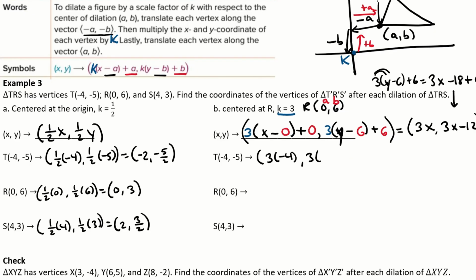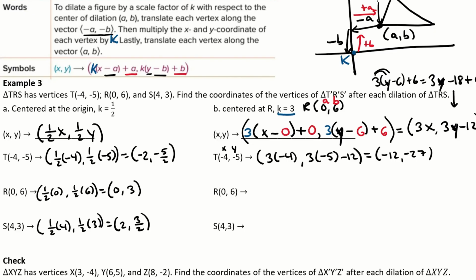So this should be a 3y, minus 12. So y is negative 5, and we get negative 12, comma, and then negative 15 minus 12 is negative 27.